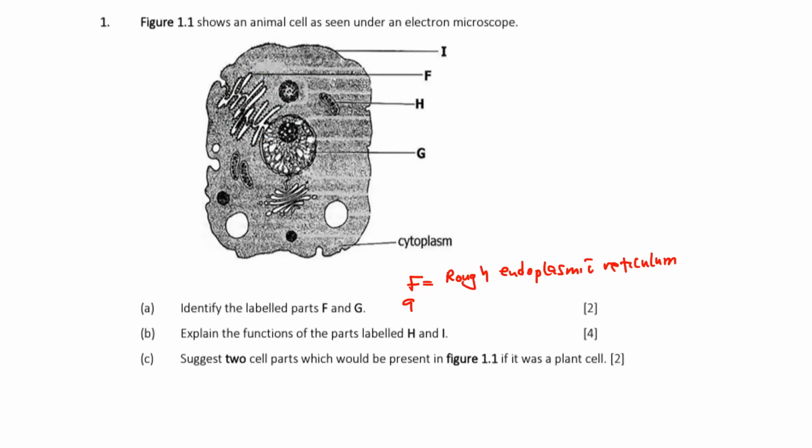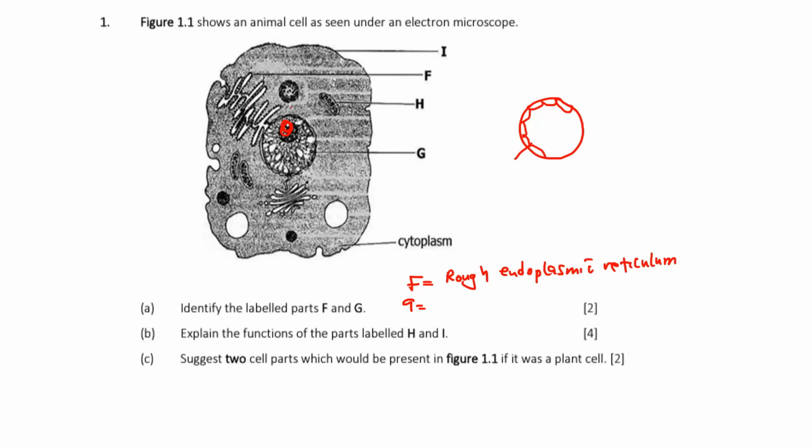What about the part labeled G? You're aware that this is the nucleus. Outside it has what you call the nuclear membrane. Then inside the nucleus, you find the nucleolus, this dark part. Then you also have the nuclear pore, the opening there.